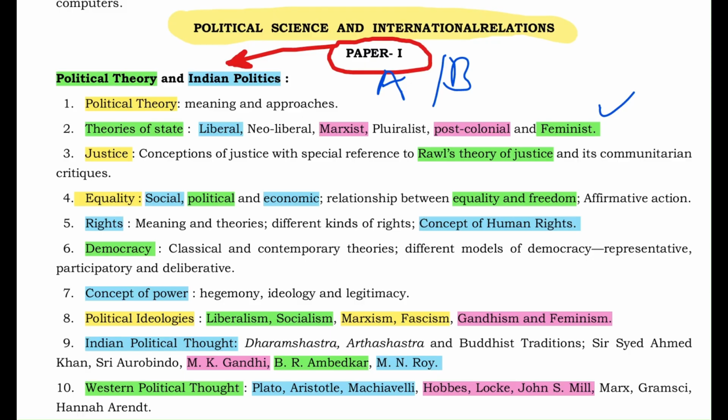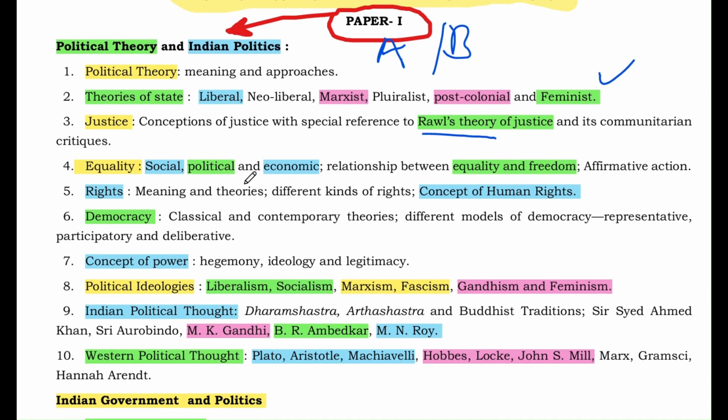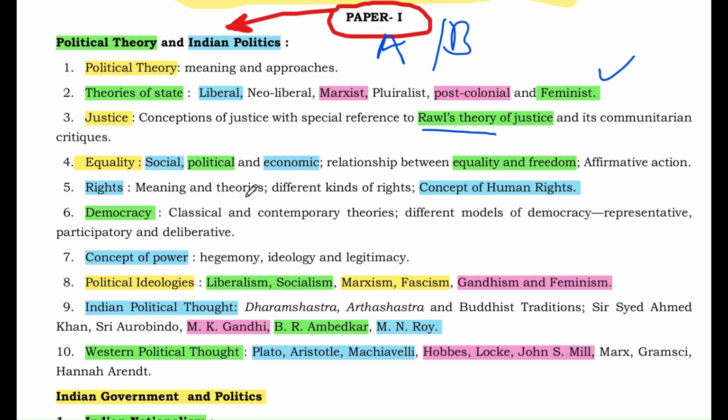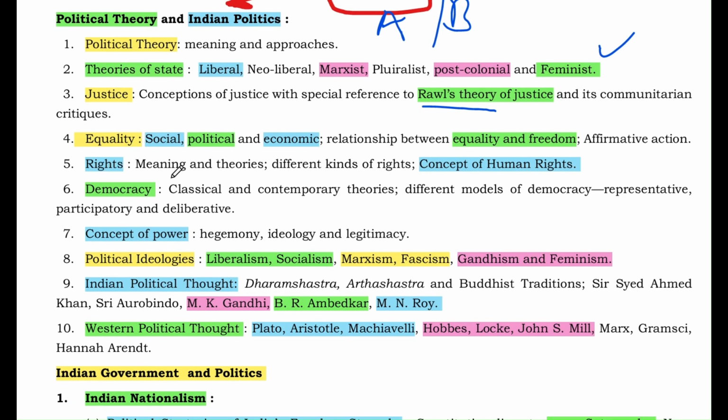It is very helpful in our answer writing when we add these terms, so we must master those terms and theories. Next, justice, concepts related to justice, and the famous UPSC question, Rawls' theory of justice. Next, equality: social, political and economic equality, and equality and freedom. Rights: meaning and theories, the concept of human rights.